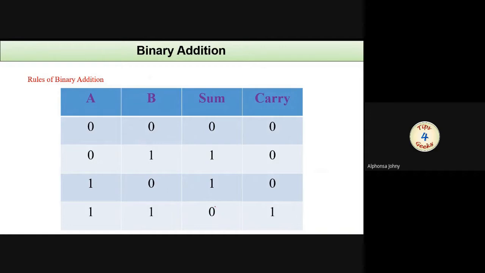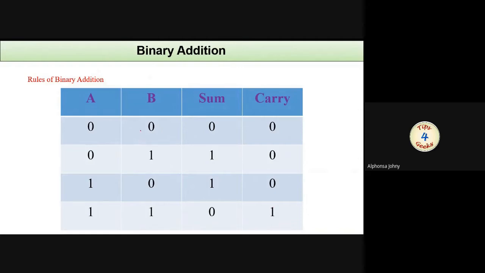So we write the sum as 0 and the carry is forwarded to the higher order bit position. So 1 plus 1 is equal to 2. How can we denote 2 in binary? That is 10. That 0 is taken as the sum and 1 is forwarded to the next higher level.